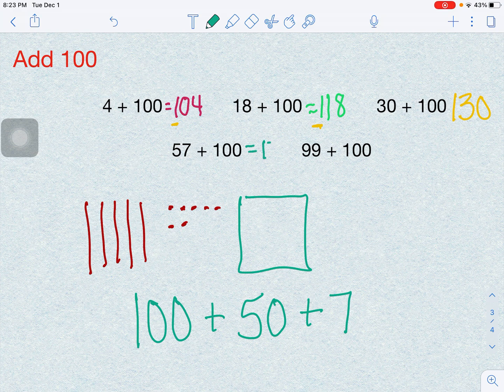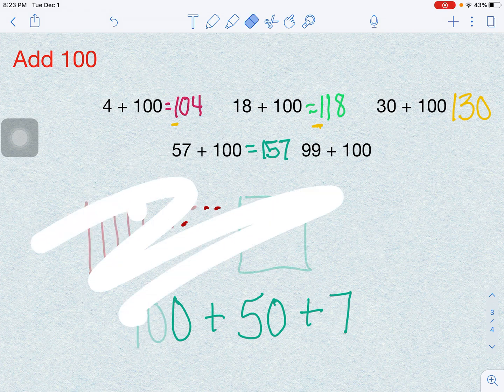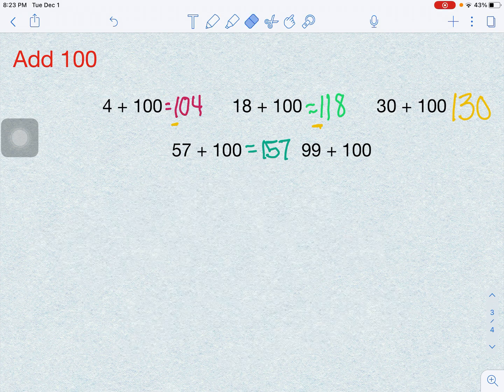So my answer is now 157. And like we said before, the number that is switching in the position is that we are now adding 100. So the value of the hundreds place is the first addend to increase by 100. And our last one right here, give you a little time. Do you think you've got it? That's right. It now equals 199. Great job learning today, friends.